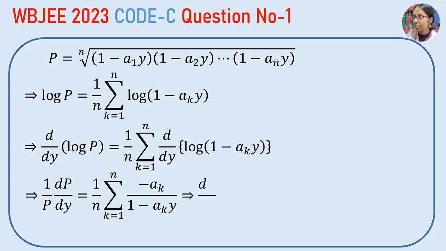And this implies that dp dy is equal to minus p by n sigma k equal to 1 to n ak divided by (1 minus aky).